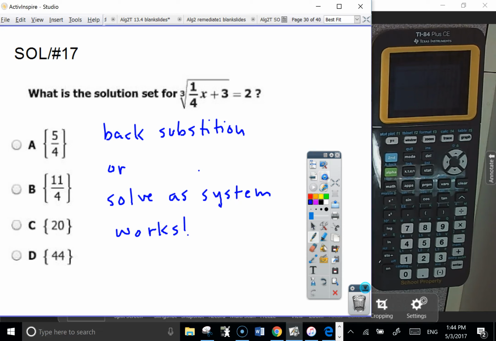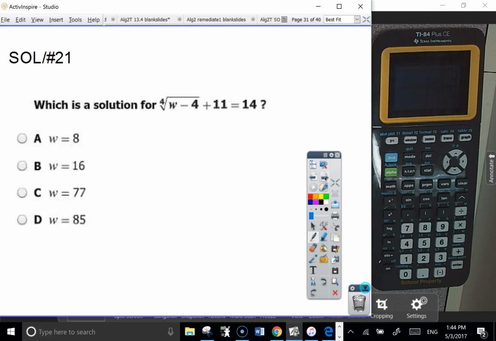Okay, next. Number 21. Now we got a fourth root. These are all in the same test. And they're really not particularly hard problems, mathematically. They're pretty clean, nothing tricky in them. Right, this one you would have to isolate.